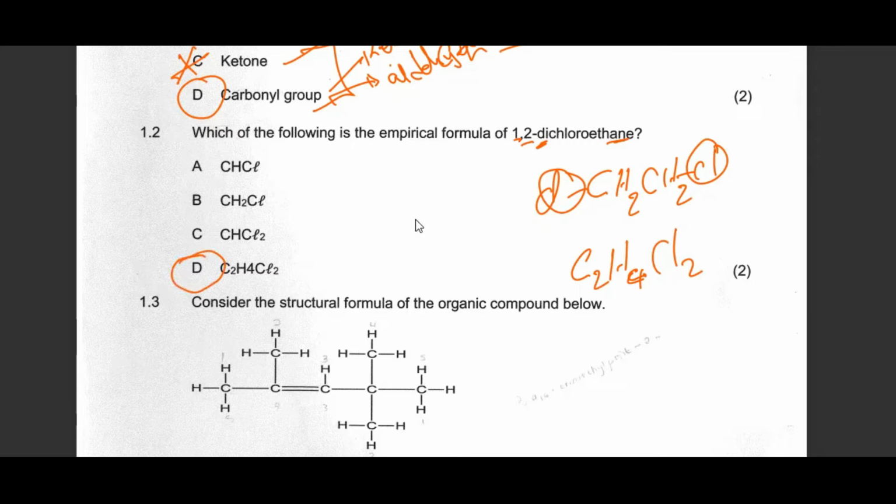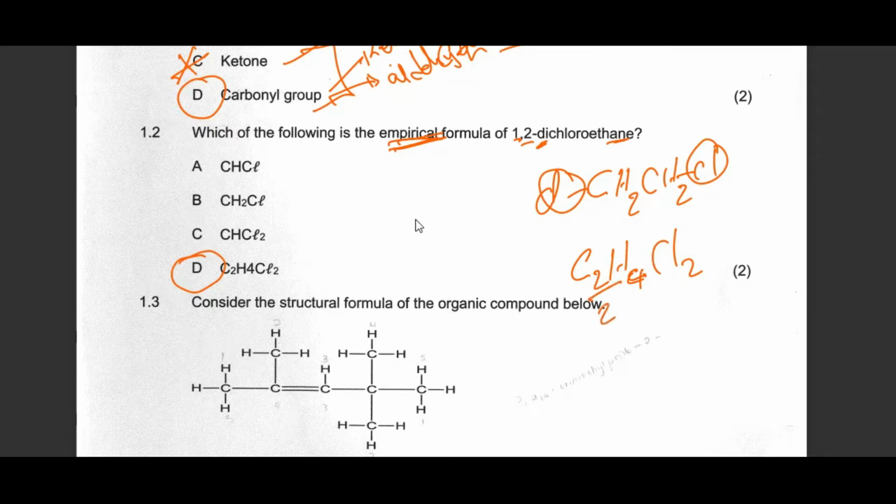But because they're saying empirical formula, it means that you are talking about the simplest way you can express this. Now this becomes the molecular formula. If this is 2, 4, 2, 2 can go into 4.